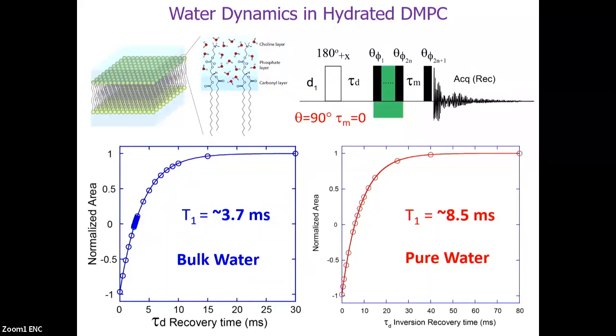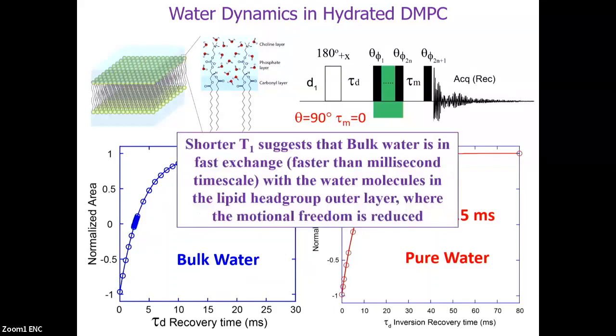The bulk water is actually smaller than the pure water, which suggests that this bulk water is in fast exchange with the water molecules in the lipid head group outer layer, where the motional freedom is reduced. This means this bulk water is not as free as pure water collectively, and we attribute it to the top layer of the phospholipid head group.